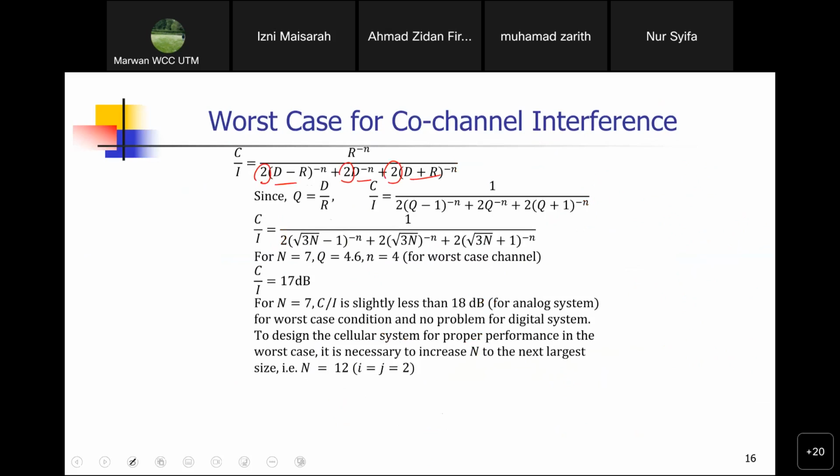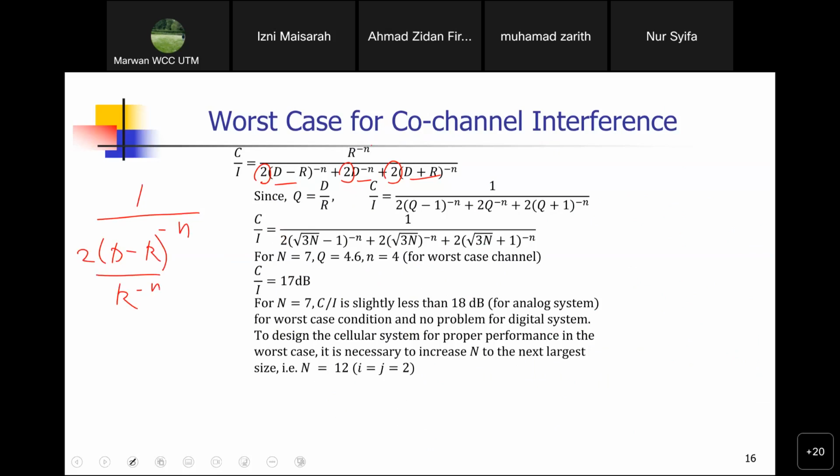Then you can actually change it. How do you change it? Rather than putting D up, I put R coming down. So you have 1 divided by 2 (D minus R) to the power of negative n divided by R to the power of negative n.